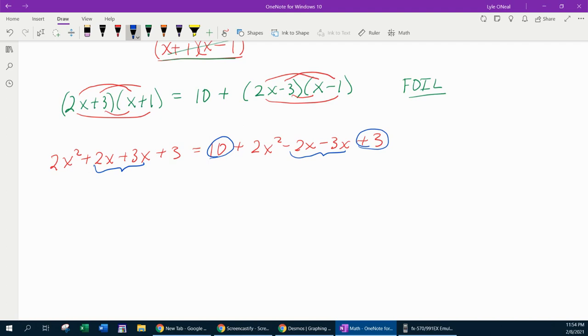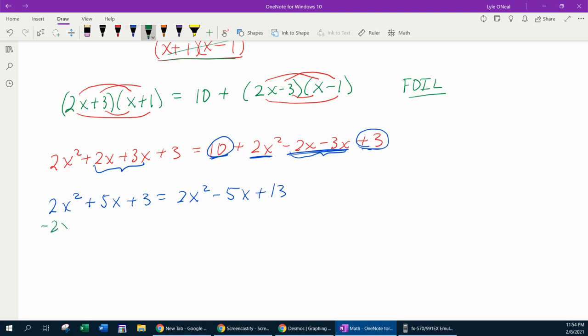All right, let's get it all together. 2x squared plus 5x plus 3. On the other side, I've got my 2x squared minus 5x, and 10 and 3 is 13. Now, look what happens if I do this.